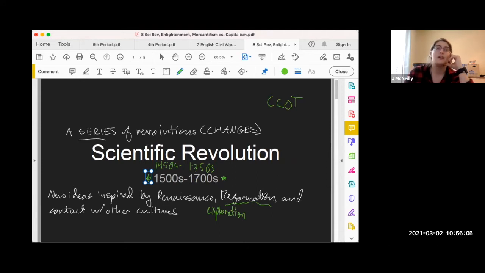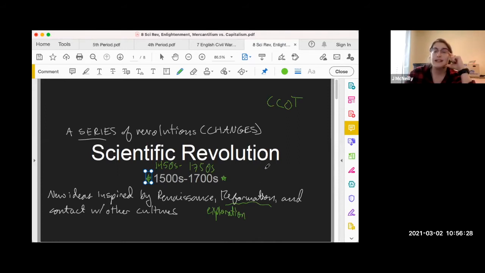Now remember, before Martin Luther, if anyone criticized the church or what the church believed, that was heresy. And you could be excommunicated or executed for saying, hey, the church is wrong. So if the church says that the earth is the center of the universe, and you're like, actually, I've done some studying and it turns out the sun is the center, they could kill you.